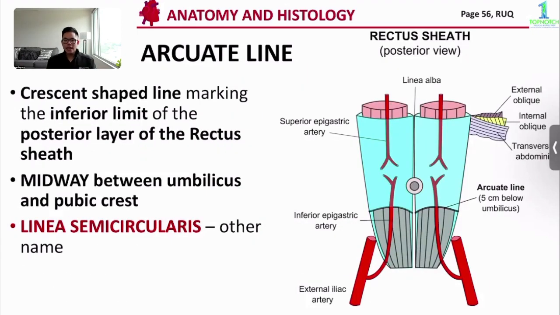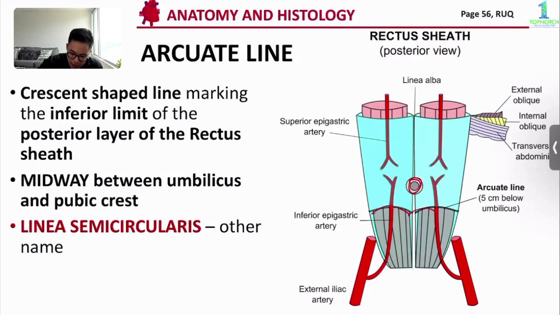The arcuate line is basically a crescent-shaped line marking the inferior limit of the posterior layer of the rectus sheath. So why am I talking about this? Your arcuate line is a very important marker when we're dealing with the rectus sheath itself. The arcuate line is said to be midway between the umbilicus and your pubic crest.